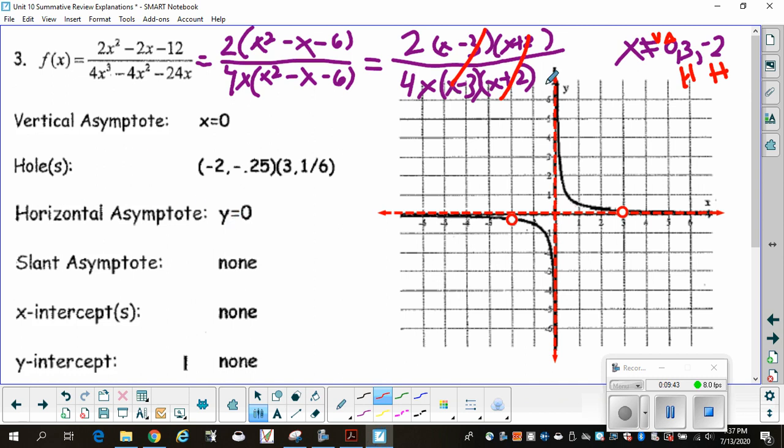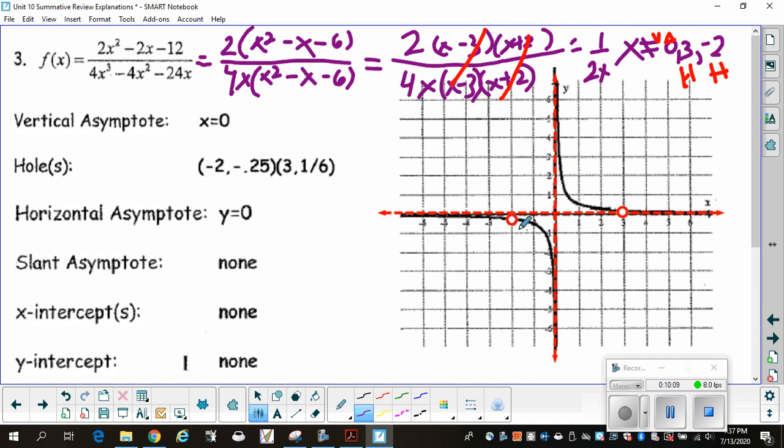So x equals 0 is my vertical asymptote. My holes at -2 and 3, I'm going to have 2 over 4, or this simplified up here to 1 over 2x. So when I put in a -2, I'm going to get -1/4 or -0.25.